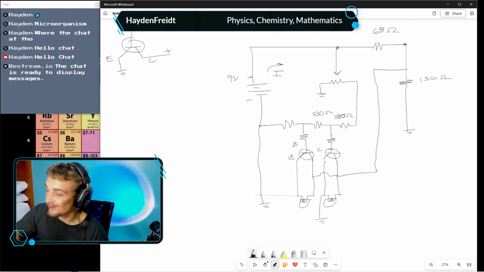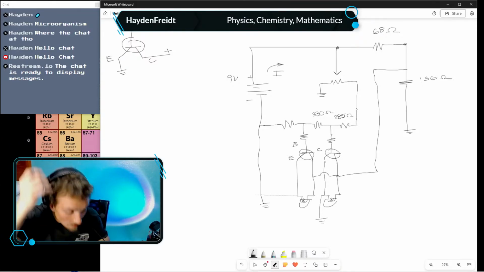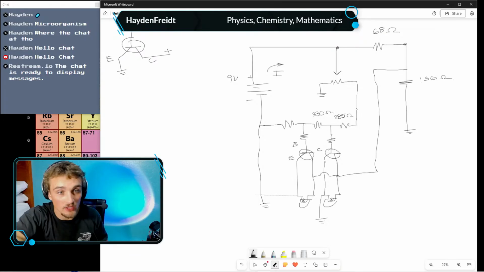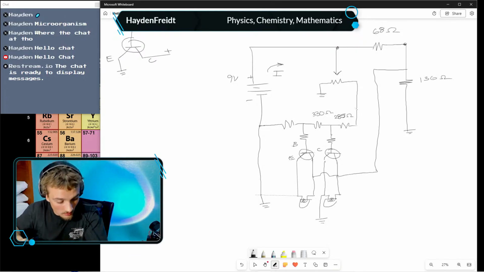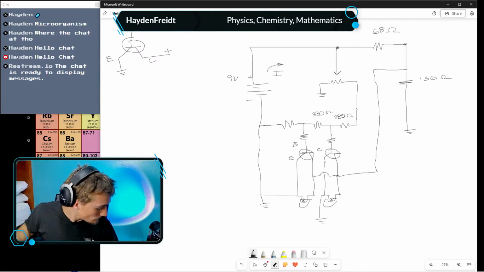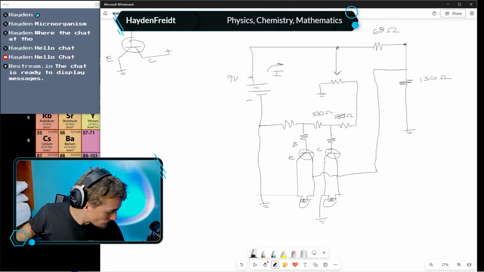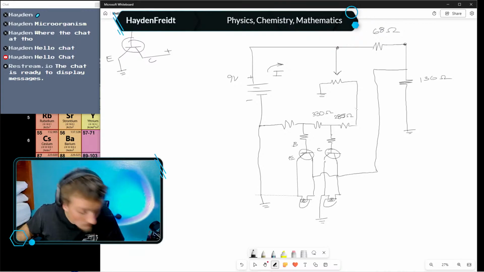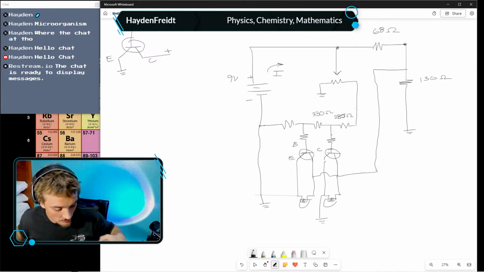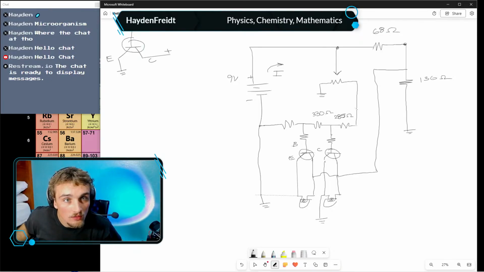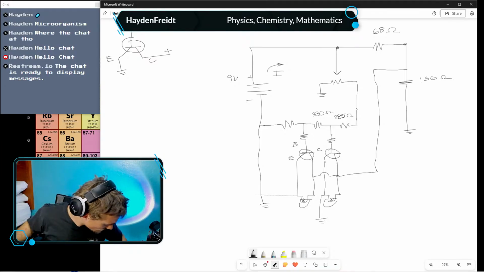Okay, 285 ohms, bro, but I'm pretty sure that's meant to be a 470 ohm resistor, I ain't even gonna lie. I've got to compare it to the package.